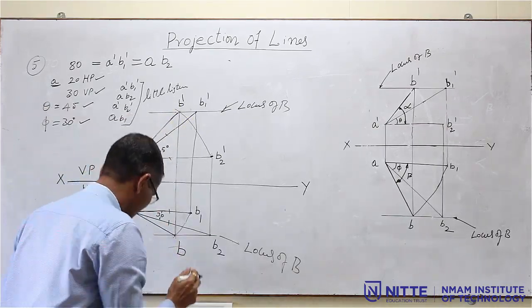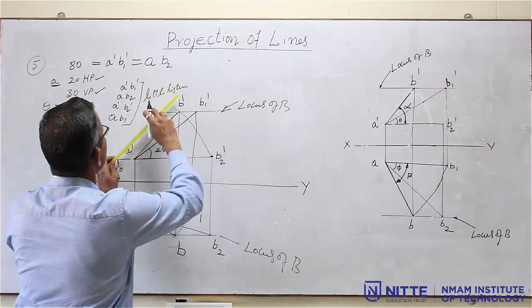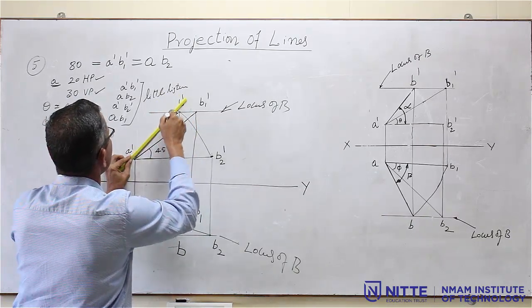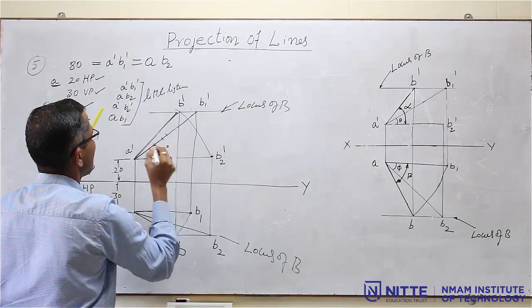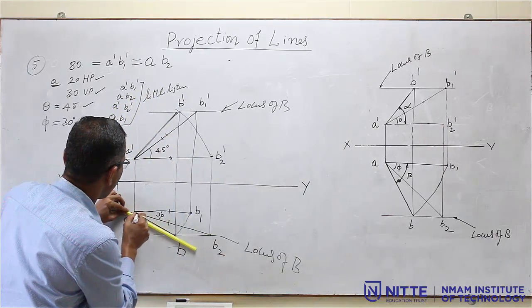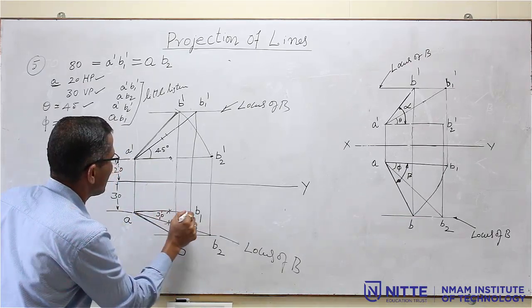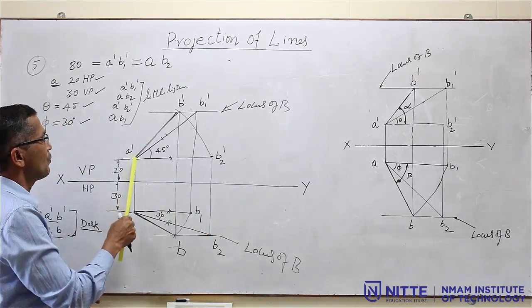That means in your drawing, this particular line should be dark, HP pencil. This is the dark line, and these 2 are medium thick. Similarly, the top view should be dark, this one, and the remaining 2 lines are medium thick lines.